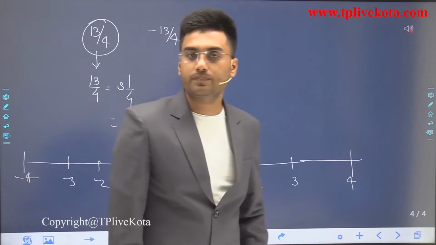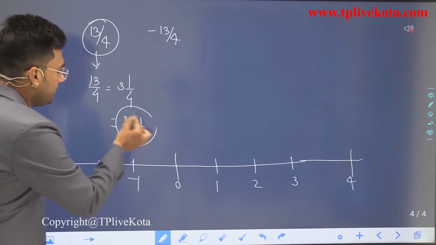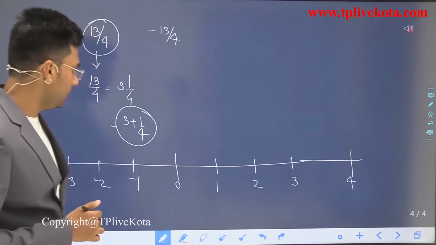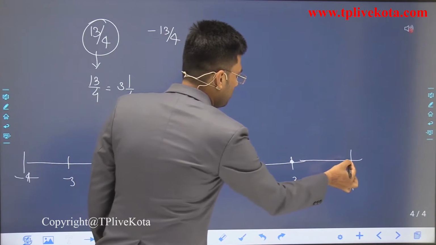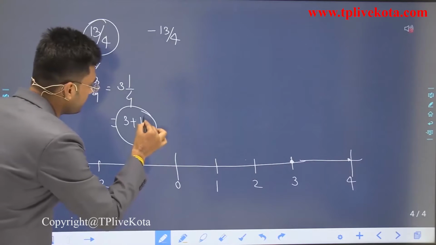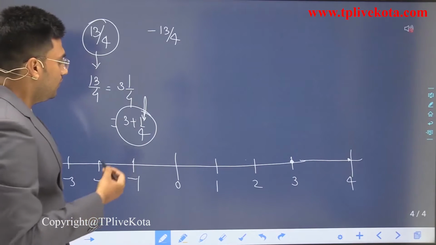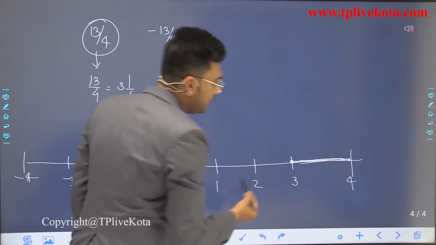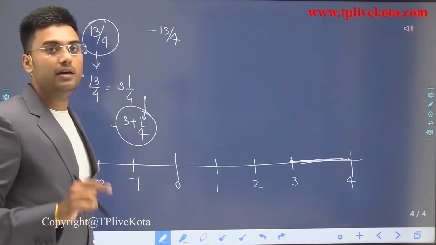Okay, now our number lies between 3 and 4, greater than 3 but less than 4. So where is 3? This is 3 and this is 4. Now the next fraction is 1 by 4. So what we have to do, we divide the distance between 3 and 4 in 4 equal parts, because we require the 1 by 4th part of it.